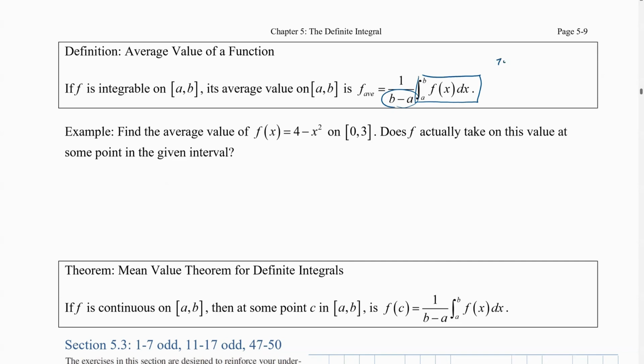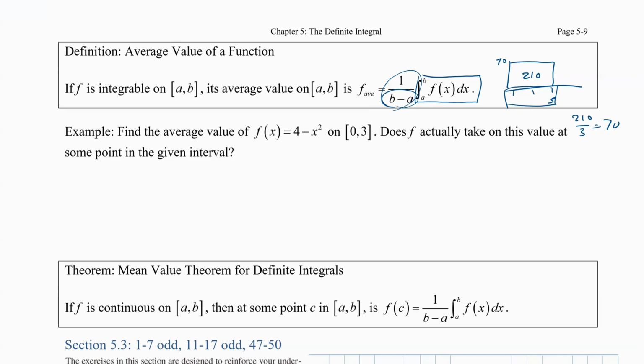In a sort of classic example, remember when I drove my car for 3 hours at 70 miles an hour and I got 210? Well, imagine me taking that 210 miles and dividing it by the width of that interval, which is 3. The average speed was 70. That's the same idea. Take the value of the integral and divide it by width, and then you get the average value of the function.